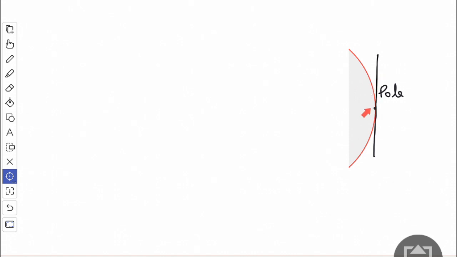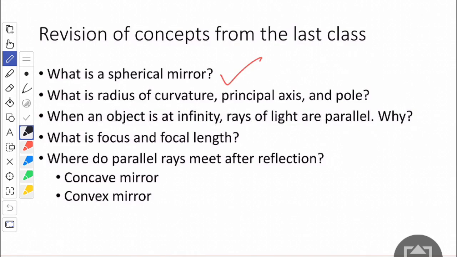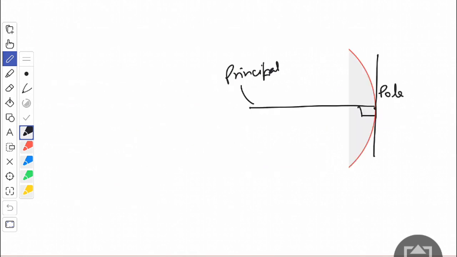It's a tangential surface touching at only this single point. Then if I draw a line perpendicular to the tangential surface, this is called the principal axis. Right?